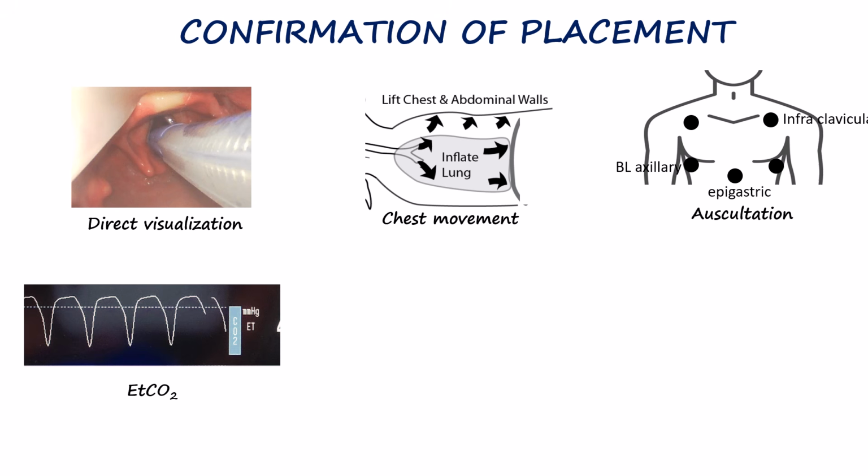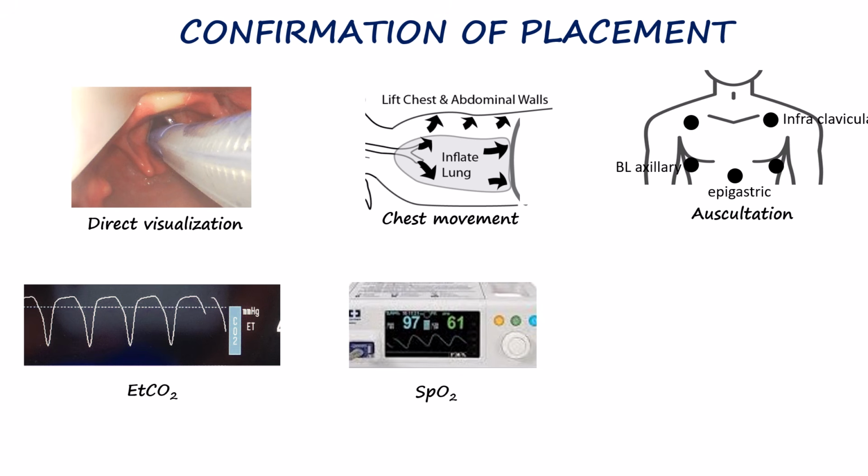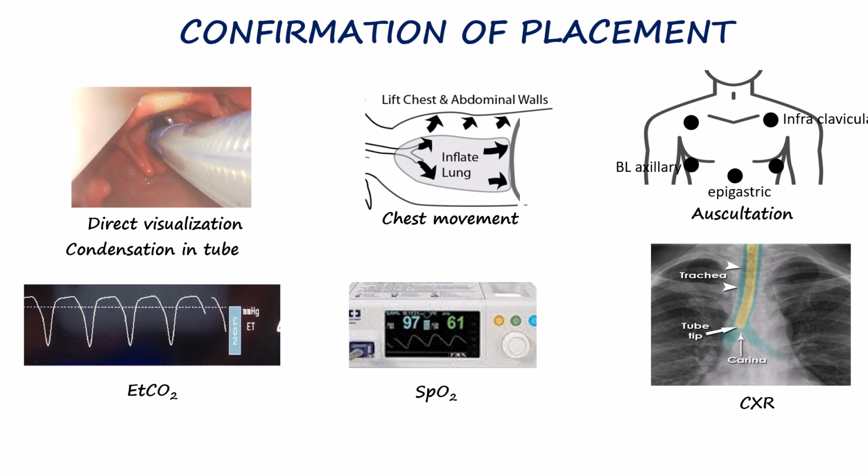Additional indicators are sustained improvement in oxygen saturation, visible condensation within the tube during exhalation, and radiological confirmation with a chest X-ray. In patients breathing spontaneously on a Bain circuit or a circle system in the open position, rise and fall of the reservoir bag may also be seen. Among all these techniques, continuous end-tidal CO2 monitoring remains the gold standard for real-time confirmation in both operative and emergency settings.